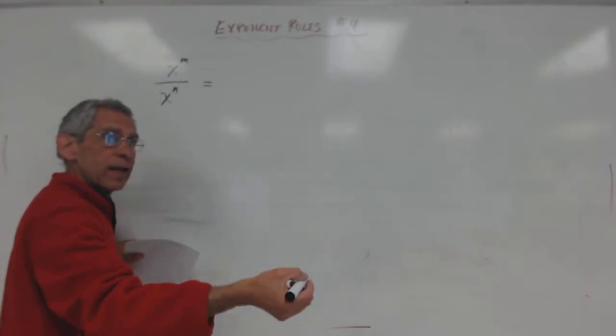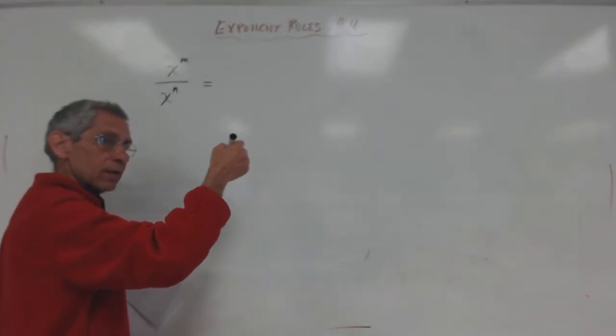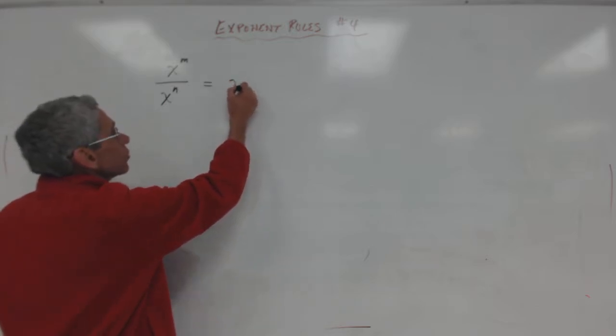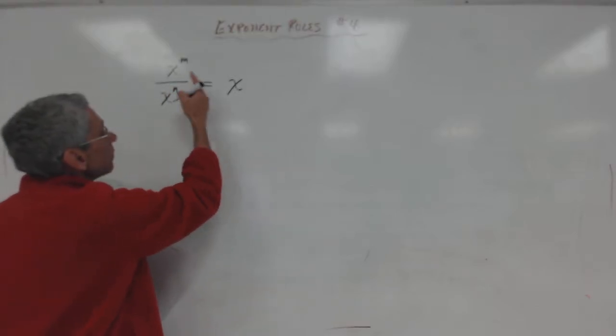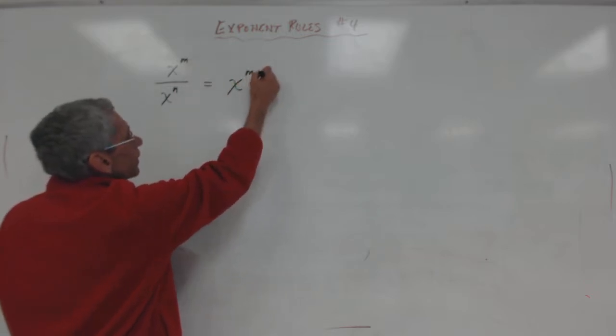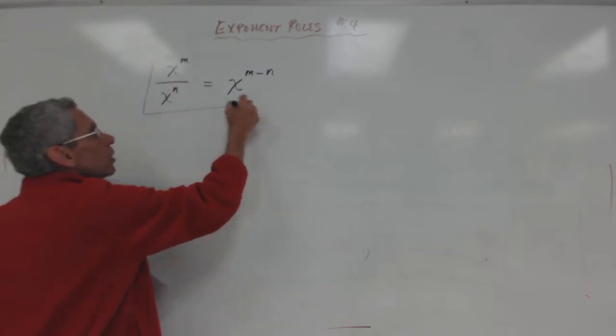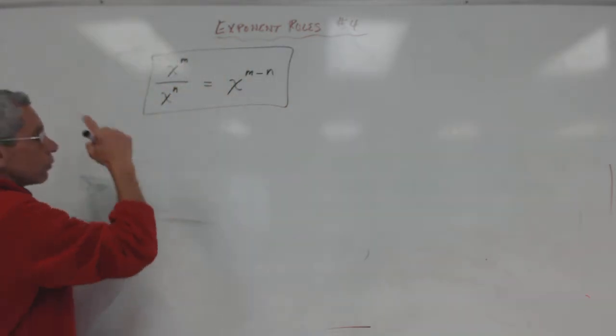Multiplying, you add the exponents. Dividing, you subtract. So your answer is going to be the base with the top exponent m minus the bottom exponent. That is the rule that we're going to use.